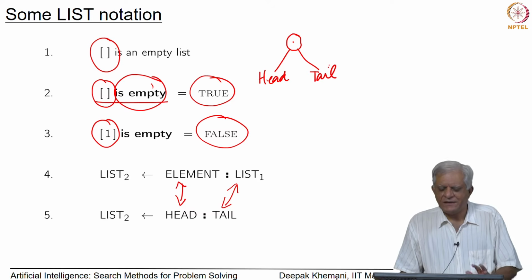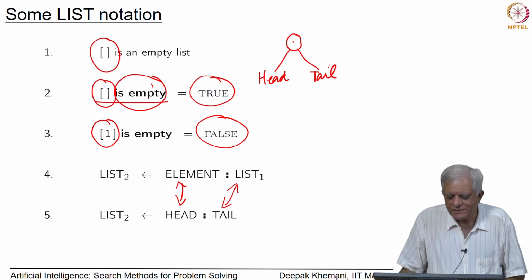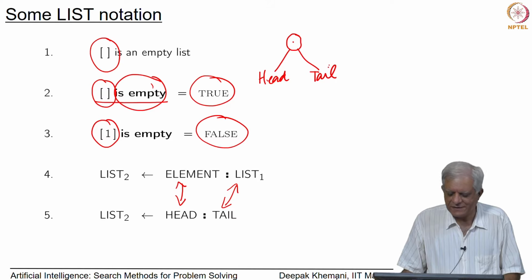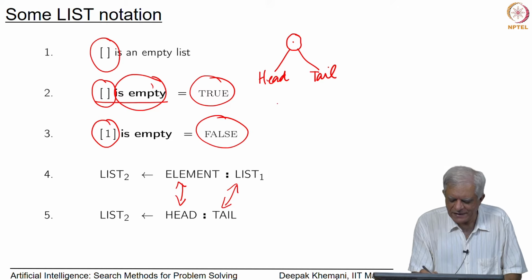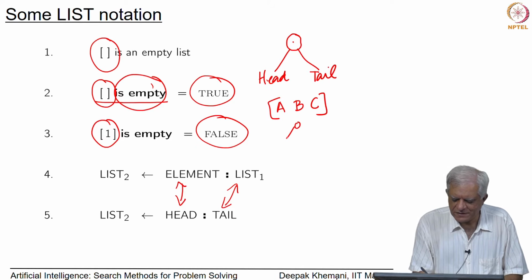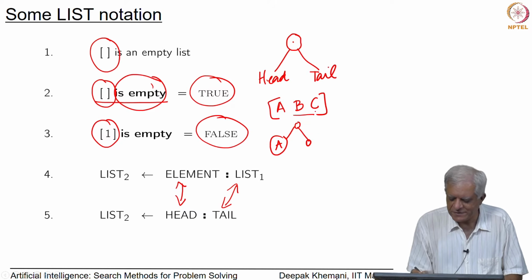and the right child of that is the tail. So, a list is internally represented as a binary tree, where the first child or the left child is the head and the right child is the tail. So, if I had a small list like for example, A, B, C, I would represent it as a dot product followed by an element A here, followed by another dot product, because what I have is a tail which is a non empty list.